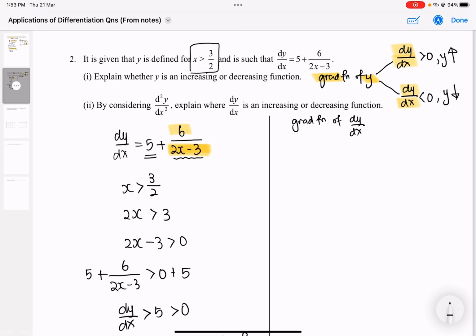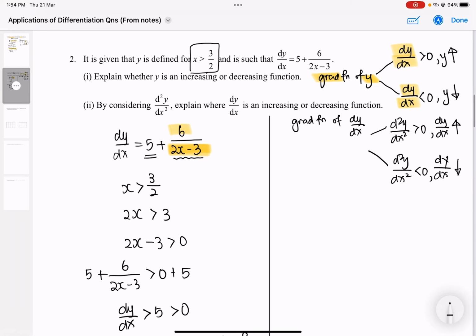The gradient function of dy dx is the second derivative. So this means we need to figure out whether the second derivative is positive or negative. If the second derivative is positive, it tells us that dy dx is increasing, and if it's negative, it tells us that dy dx is decreasing.